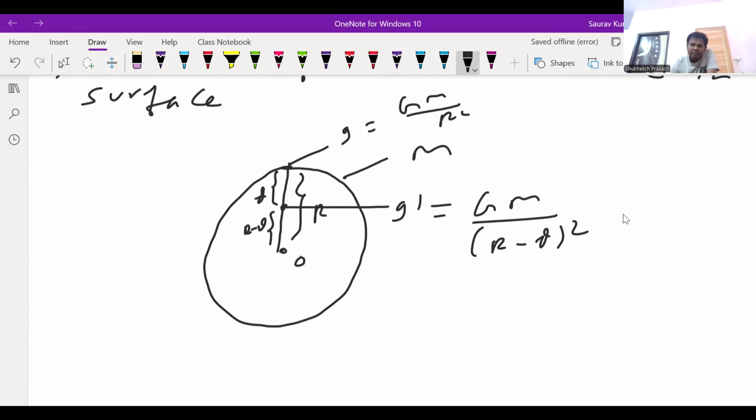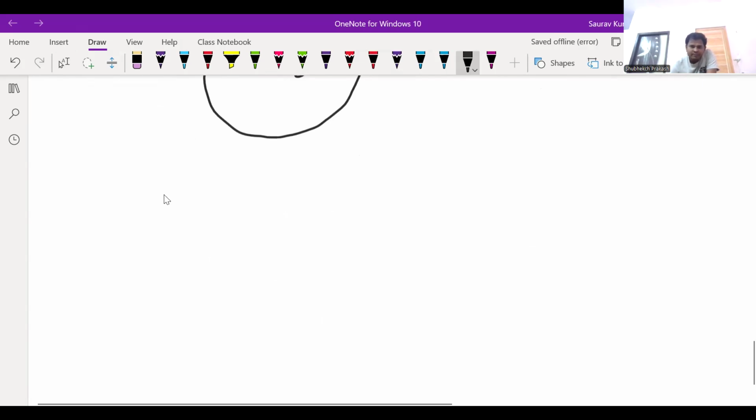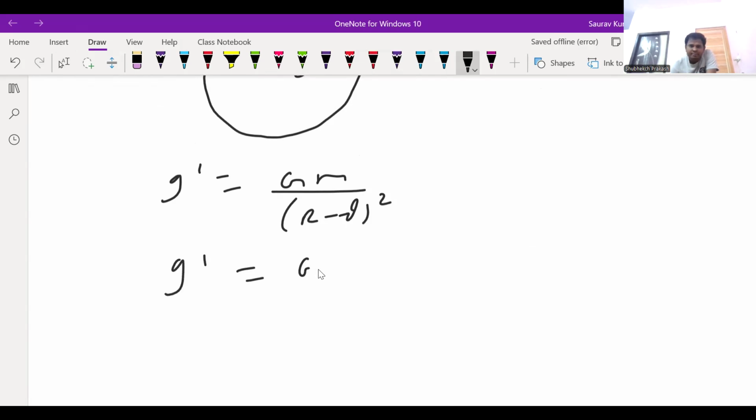Let us consider g dash will be GM by R minus d whole square, and g will be GM by R square. This will be equation 1 and this will be equation 2.